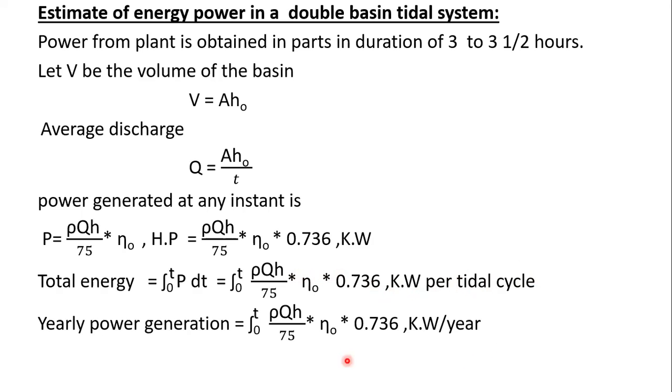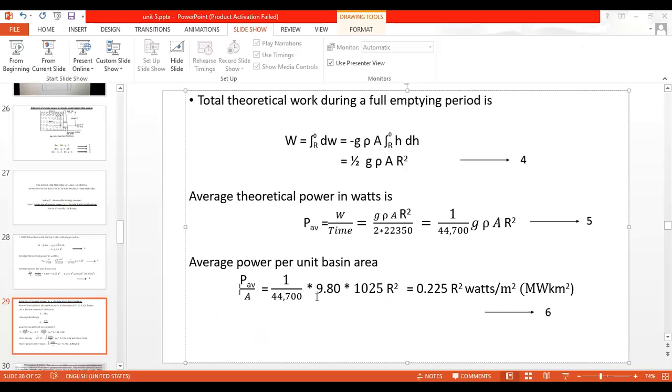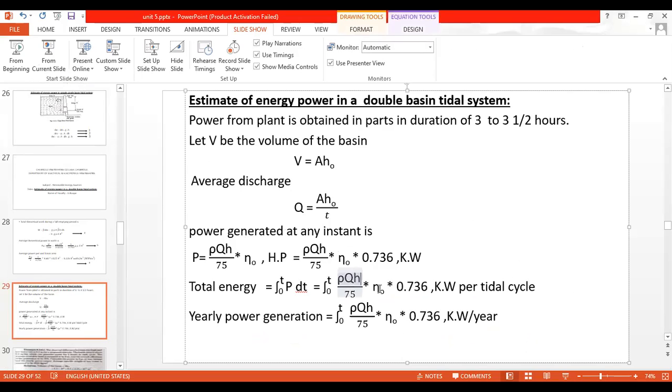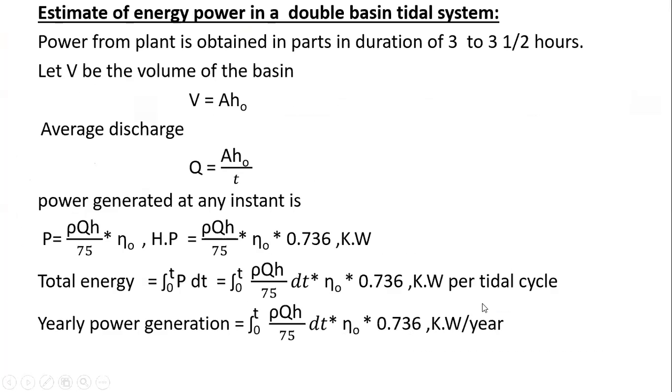And per year also we can calculate. So the yearly power generation is the integral of P dt, the same 0 to t, but per year we have to write here, whereas the earlier one was per tidal cycle.